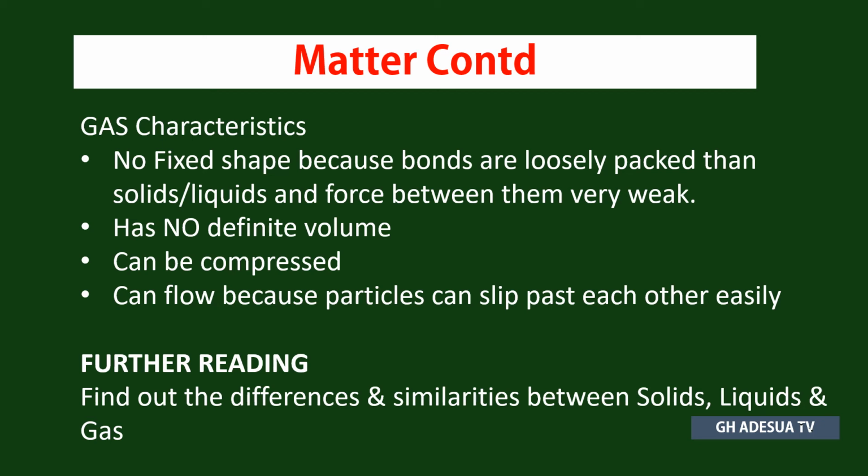Now, for your further reading, find out about the differences and similarities between solids, liquids, and gases. Look out for the differences and similarities between these three states of matter.